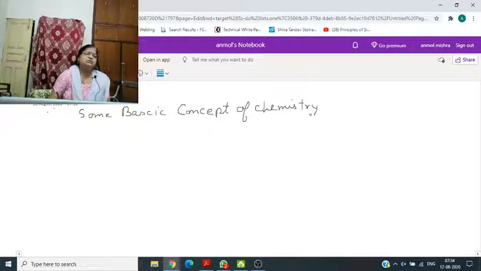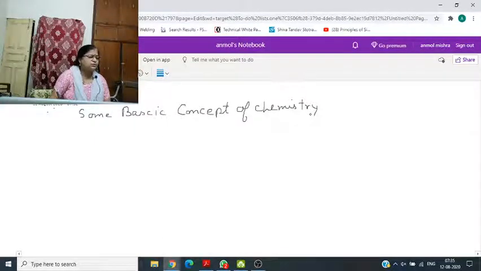Afterwards the reference was taken as oxygen. Then also the atomic mass was coming out to be fractional, and at last carbon was taken as a reference, and the atomic masses of different elements are calculated.